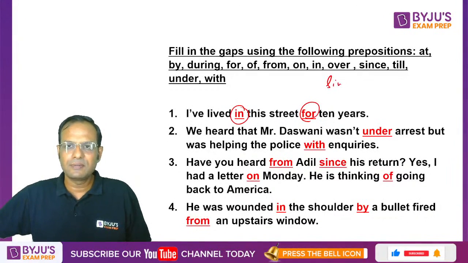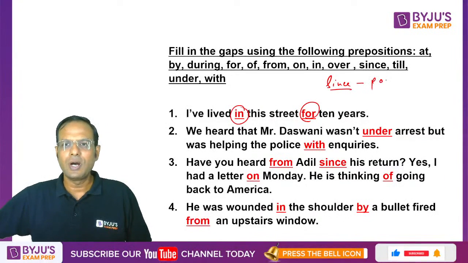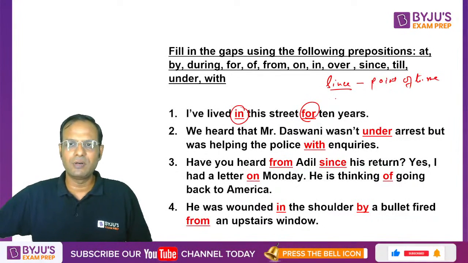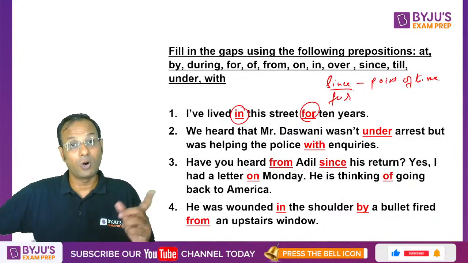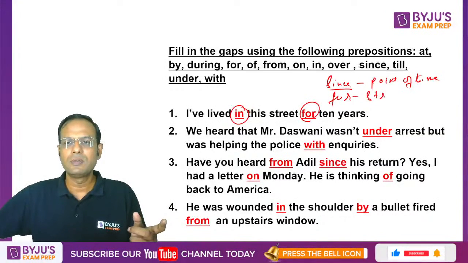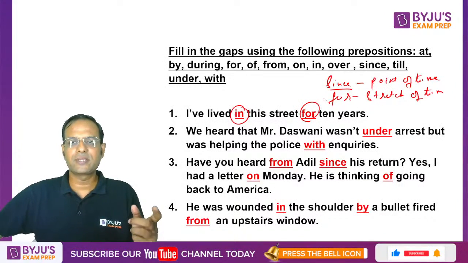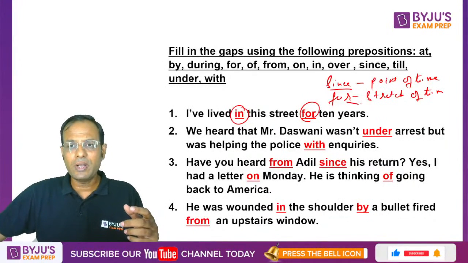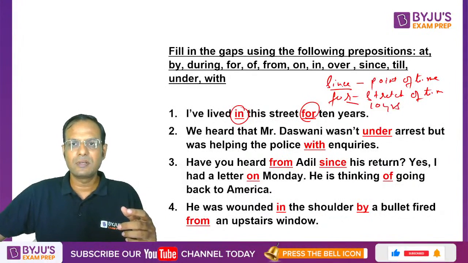Since will not be correct because since is used to show a point of time. All right, always remember. Whereas we use for to show a stretch of time. For example, for 10 years, but since 2002.